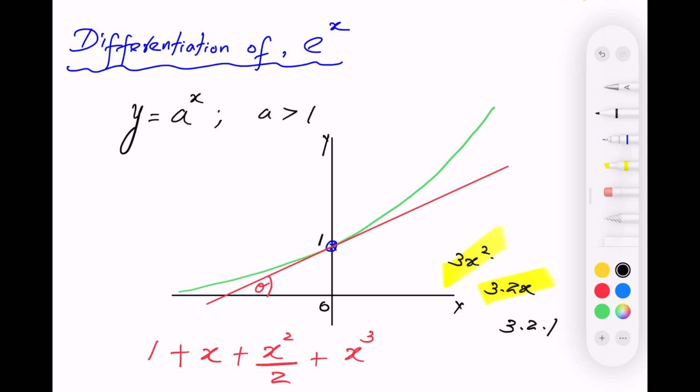So if I divide this quantity by this value right here, 3 times 2 times 1, then the third derivative of all of this should be equal to 1. Therefore, let me go ahead and divide x cubed by 3 times 2 times 1, which I will write as 3 exclamation mark. In fact, this is read as factorial 3.